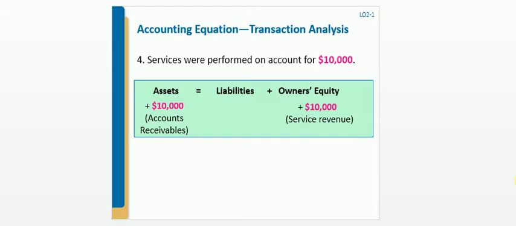Accounting equation transaction 4. Services were performed on account for $10,000. A doctor will perform his services, a lawyer will perform his services, and anybody else performing services will take a sum of money. So here in this transaction, services were performed. Assets increase because $10,000 will increase, but as accounts receivable, because you just performed the services and you are not going to receive any payment now.